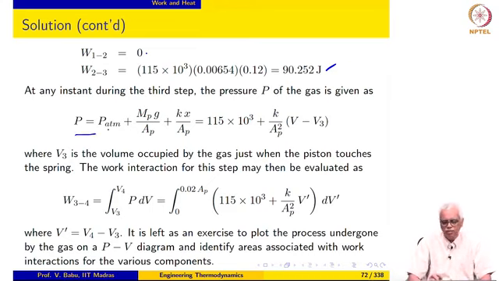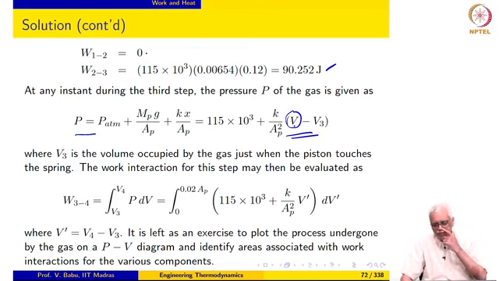So, we can write a force balance like this. So, this is the expression for pressure at any instant during the process. Notice that if I write this in terms of volume, I can actually write it like this. Notice that in contrast to the previous examples that we saw, in this step the pressure does not remain constant, pressure varies linearly with the volume during the compression step.